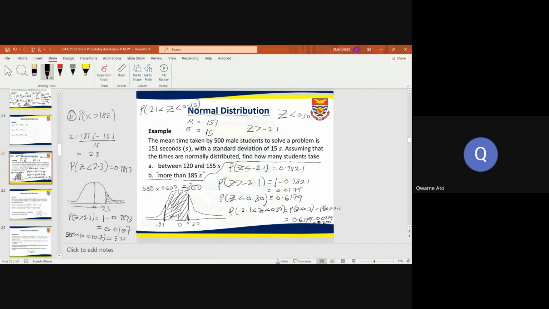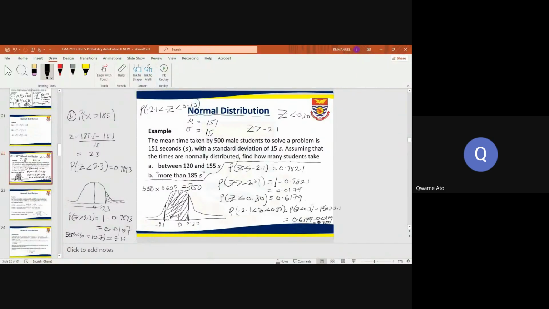The other one we wrote was negative 2.1 less than Z, then Z less than 0.30. And when we came to B, it was more than, so there we considered Z being greater than 1.85.